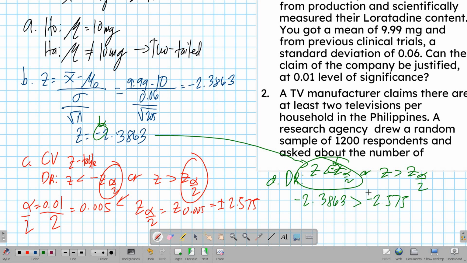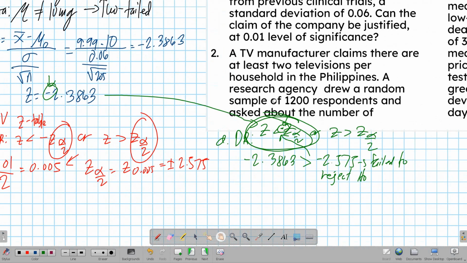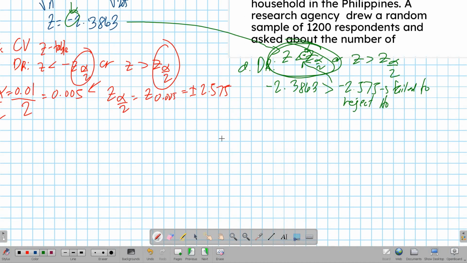So since it's bigger, we cannot follow the rejection rule, and because of this we have failed to reject our H0, because it wasn't able to follow the rejection rule. Hence, we have failed to reject our H0. Therefore, our conclusion would be as follows.